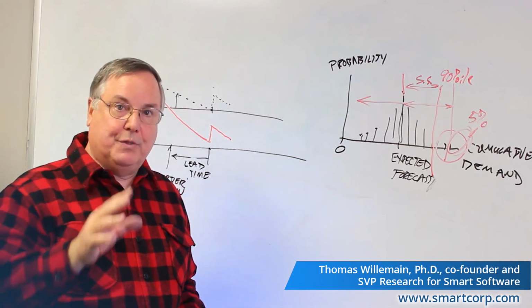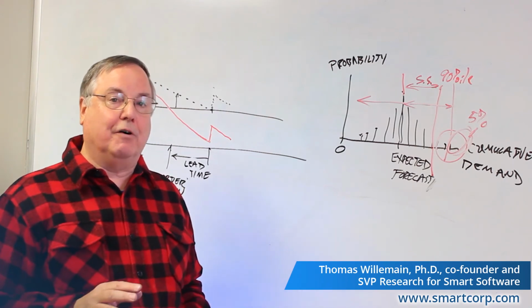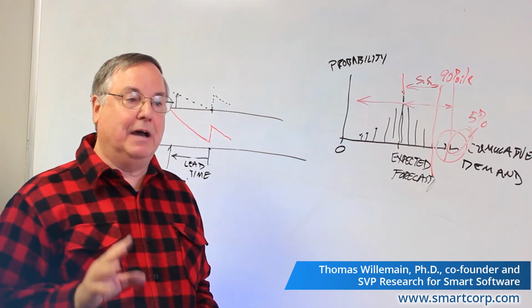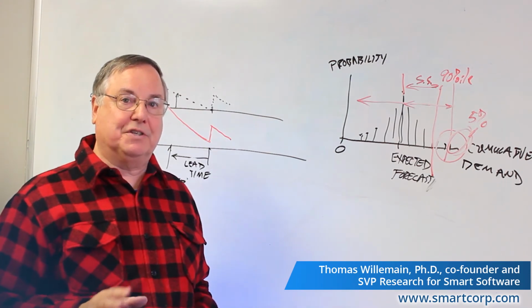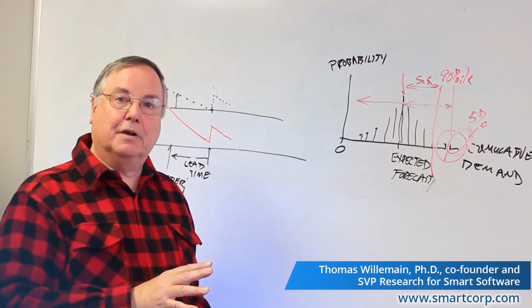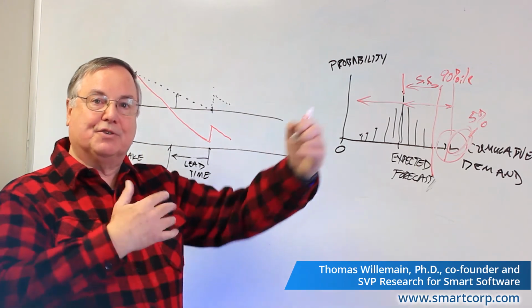And we use that for setting the safety stock level. It's a separate calculation involving the risk that the company wants to take of not having this finished good available when it's demanded.